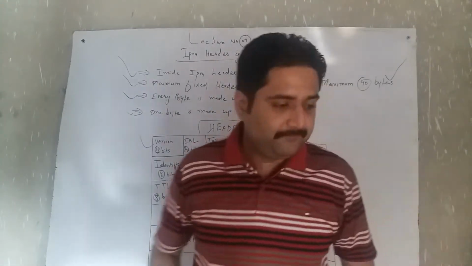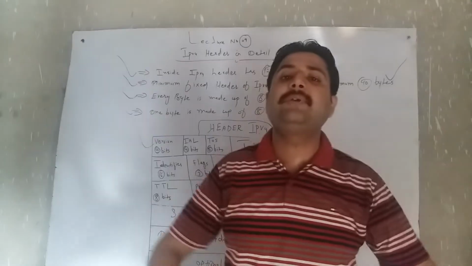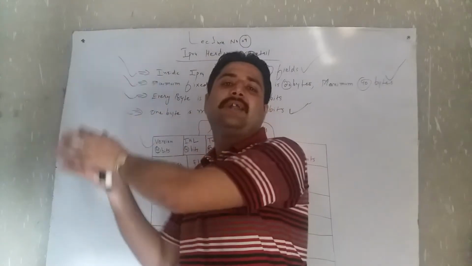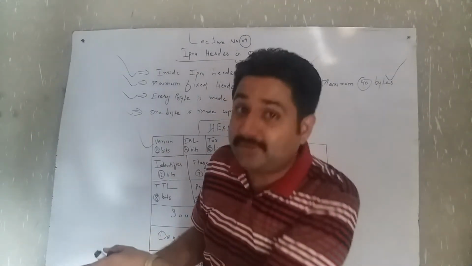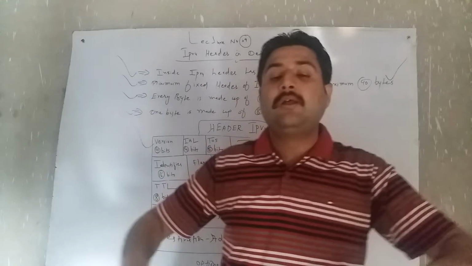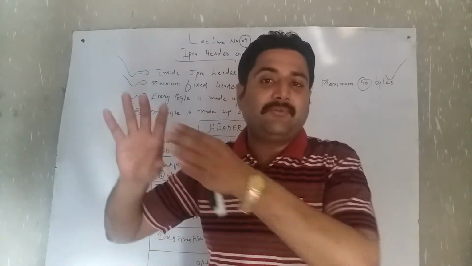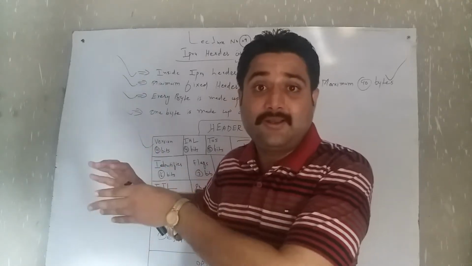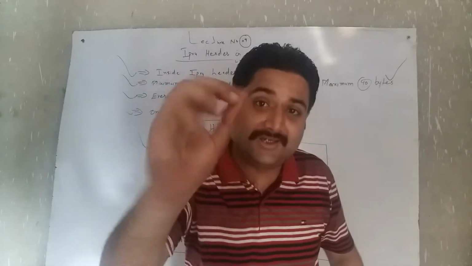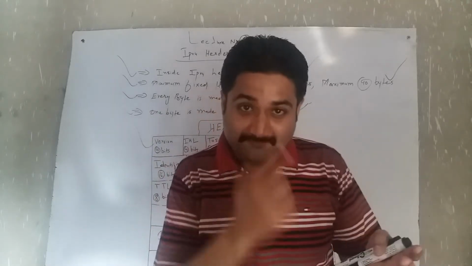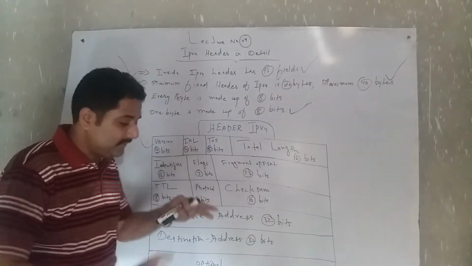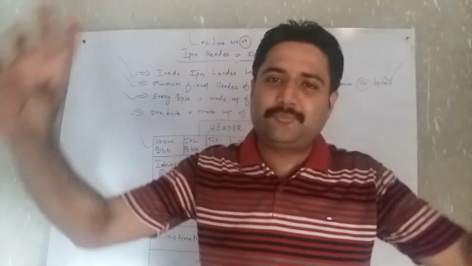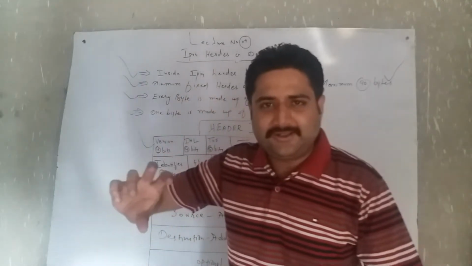Which field of the IPv4 header reaches the destination first? Option A version, option B IHL, option C TOS, option D none of them. Please tick the correct option.